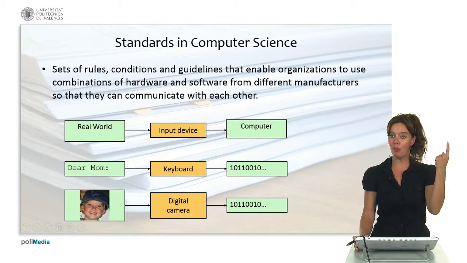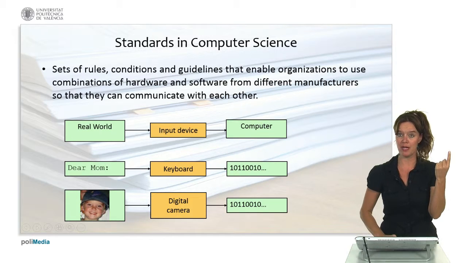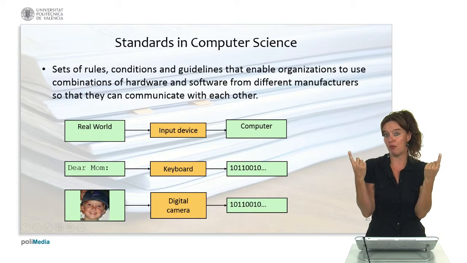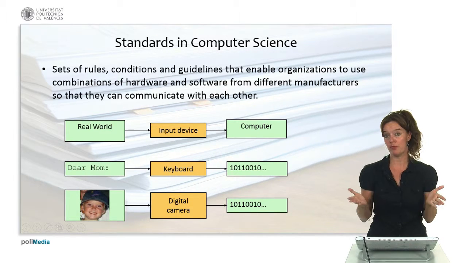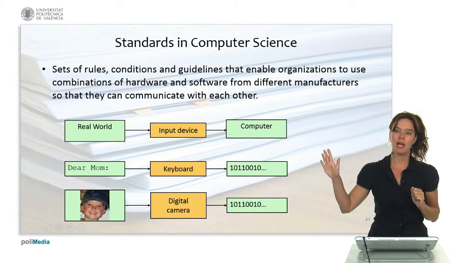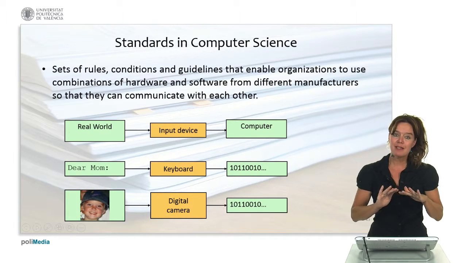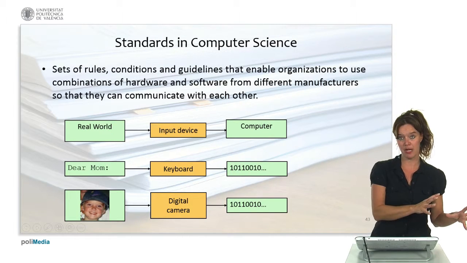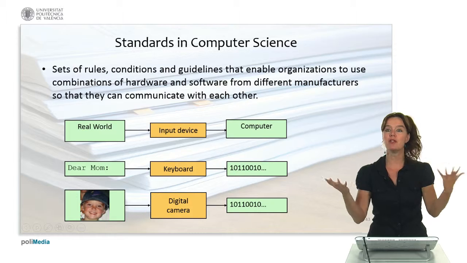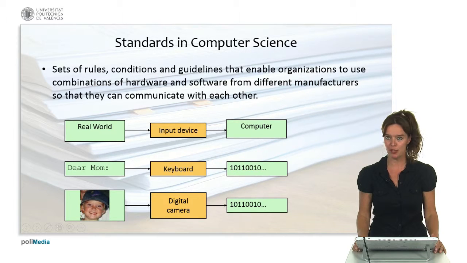We don't want one digital camera brand to only be capable of communicating with one computer. We want to have any digital camera and input the data, the photos in this case, into any type of computer. So if we standardize the way that communication goes between the digital camera and the computer, we can use any digital camera with any computer.